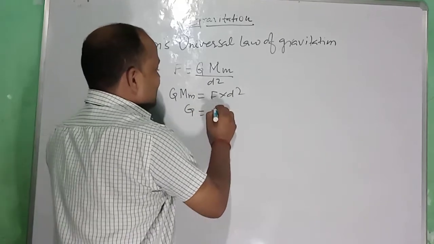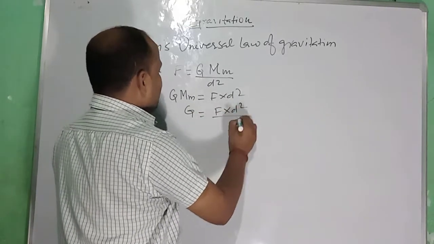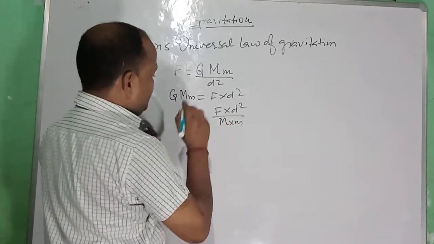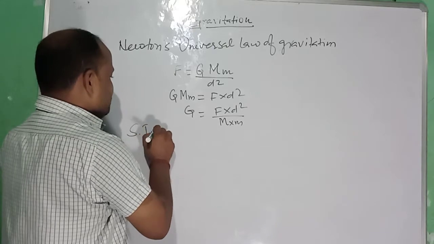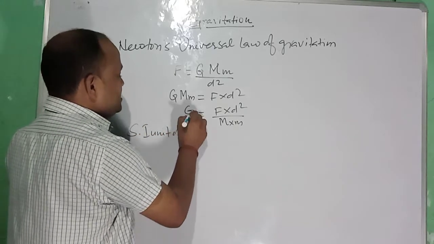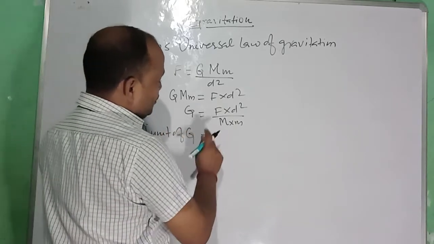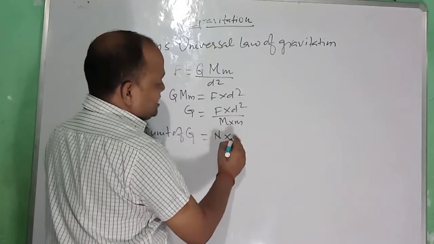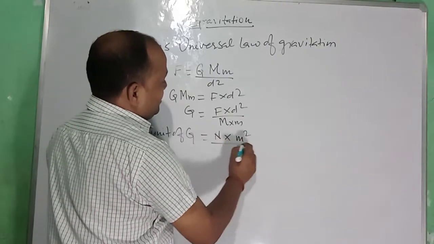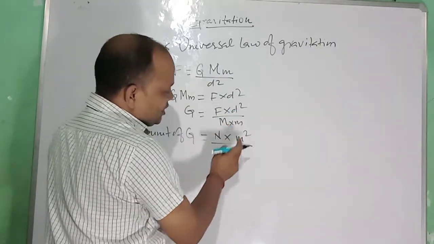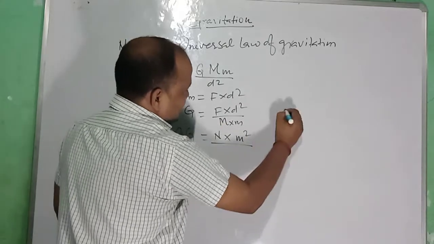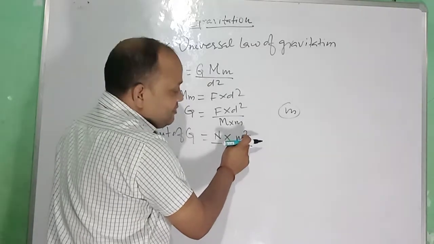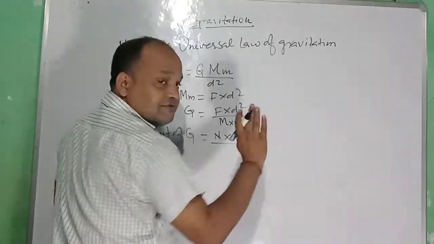G is equal to F into d square by M into m. Now SI unit of this capital G will be equal to what? SI unit of force, that is Newton, into SI unit of distance, that is meter square, meter into meter, it is d square. For one distance the unit is meter, as it is a square, so we have used a square here, so don't get confused for that.